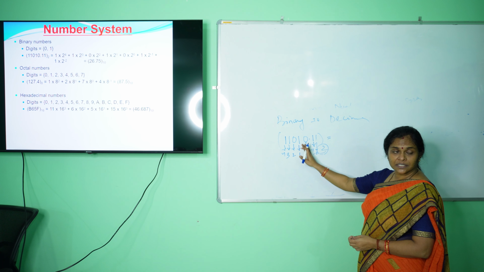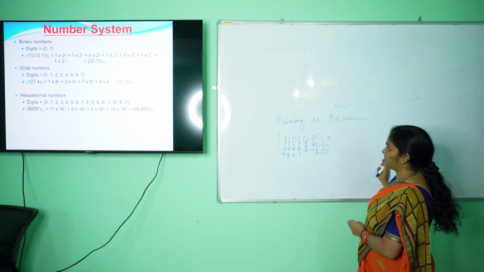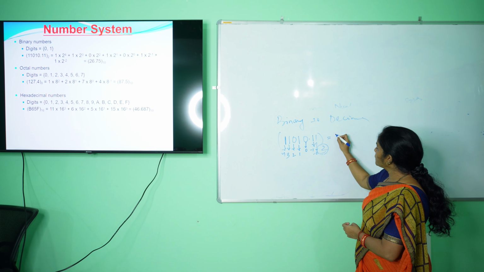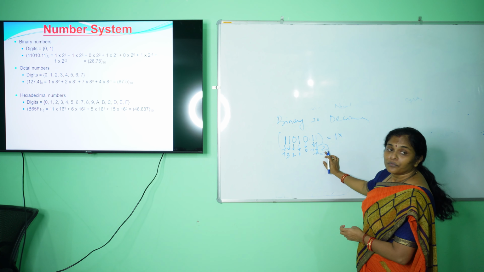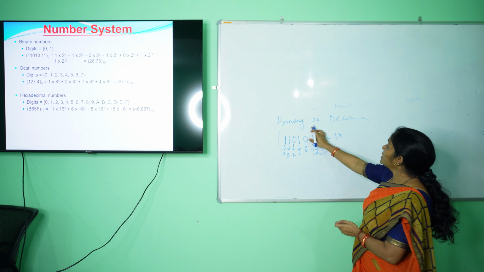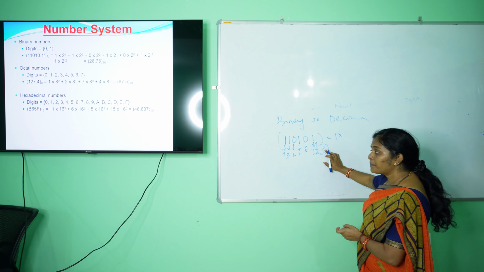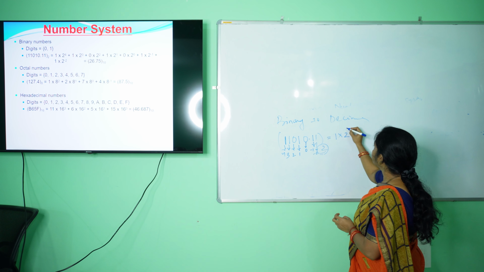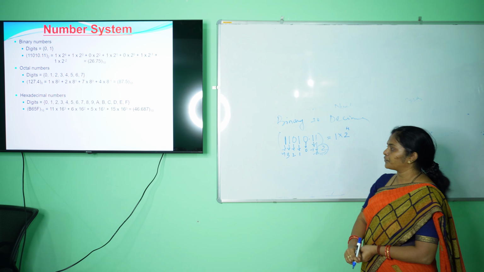After knowing the places, you can start the conversion. First, here it is written as 1, so you write 1 into 2 to the power 4, because the base is 2.